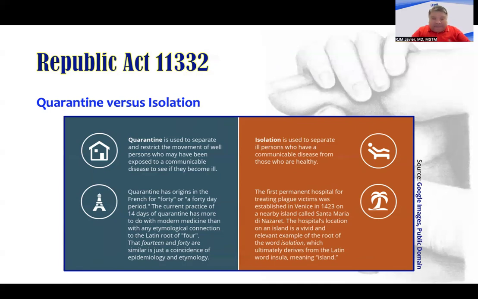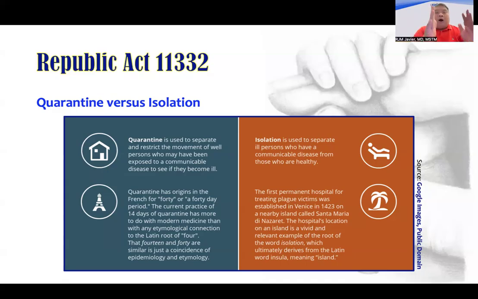When I say you are being quarantined, a person is separated or restricted in terms of movement, but this person is still well, meaning this person has no disease, but there is exposure to a positive case, and because of that exposure, you have the capability to transmit it to another individual.